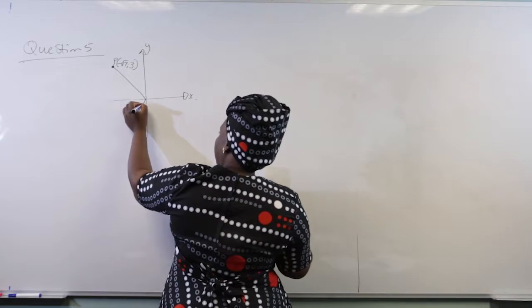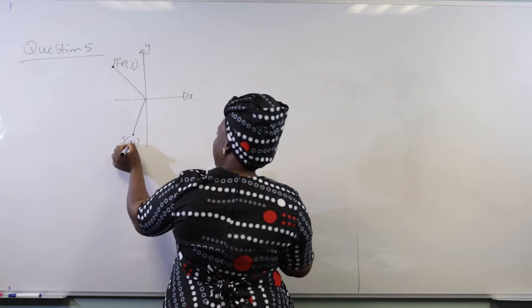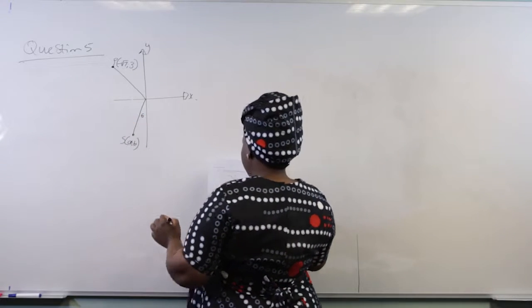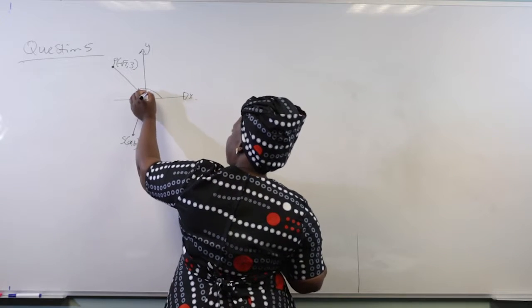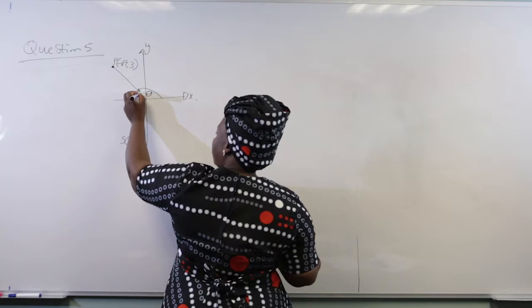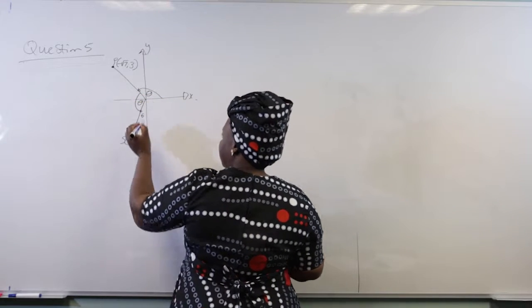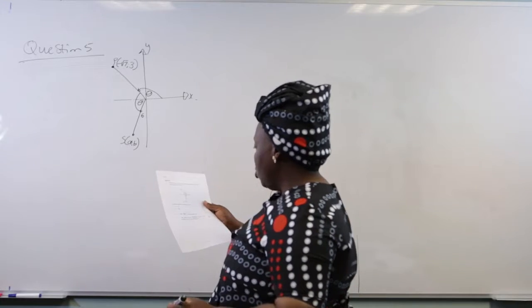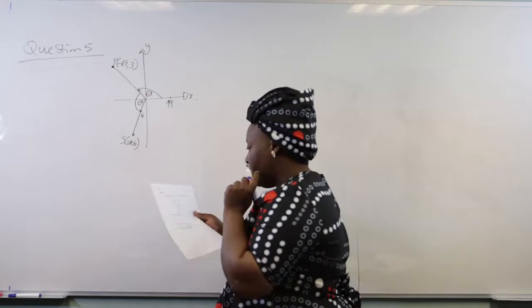This is where your other point is, which is S with A and B. Remember, we're given that this is 6, and then the angle that is moving from there to there is theta, while we are told that also the angle from there to there is another theta. Okay, they said they are equal, so that's what we are having in there. There's a point R given to us.